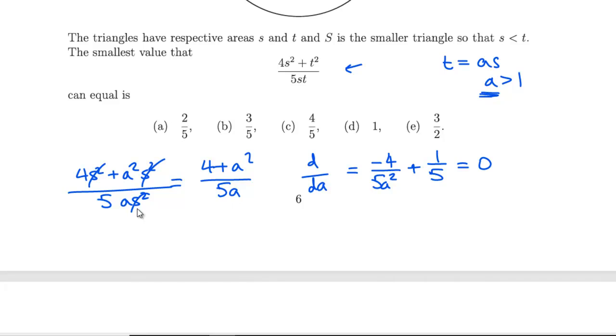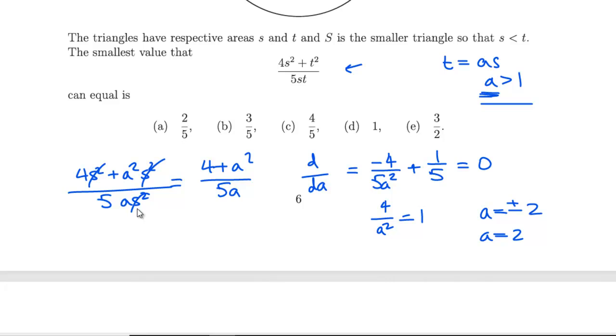So that's okay. Well, we can multiply through by the 5s, that doesn't really matter. So we've got that 4 over a squared is equal to 1. So a is plus or minus 2, but it needs to be greater than 1. So a is equal to 2, which is not any of the answers.